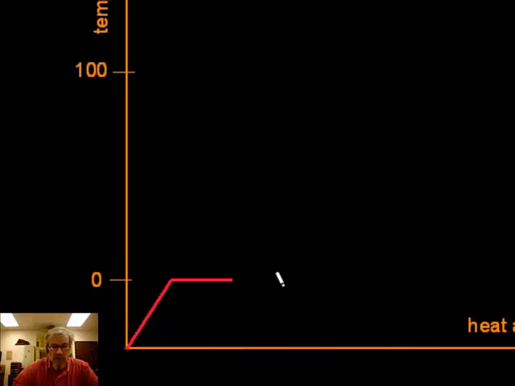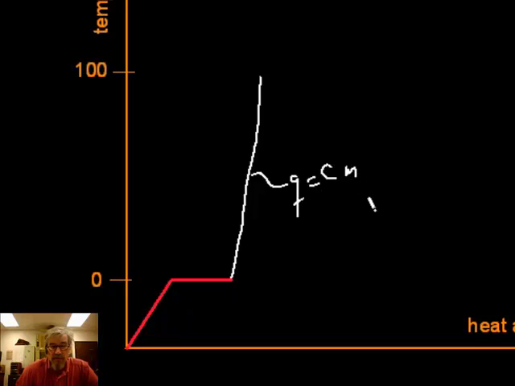Once the solid is all turned into liquid, then the temperature can begin to rise. And we're going to see a relatively steep curve here because the specific heat of water is very high. But here the amount of energy added is, again, in direct proportion to the amount of temperature change. And this is the C of liquid water times mass times delta T that will determine how much energy got added. So direct proportionality again.